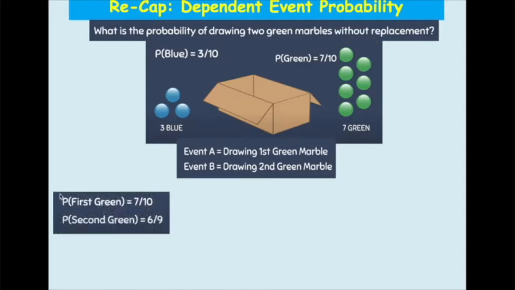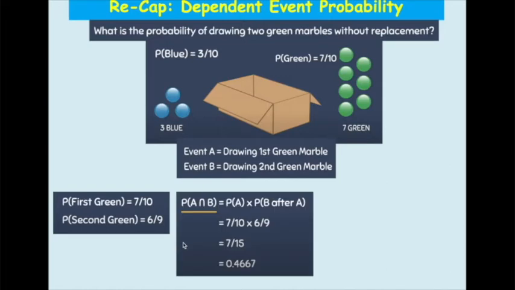Well, the probability of selecting the first green marble is just 7/10. And since this is done without replacement, the probability of selecting the second green marble is 6/9, because 1 marble has been taken out.